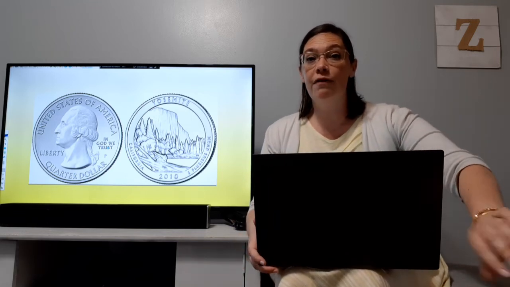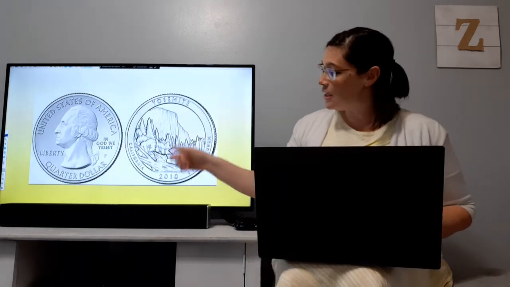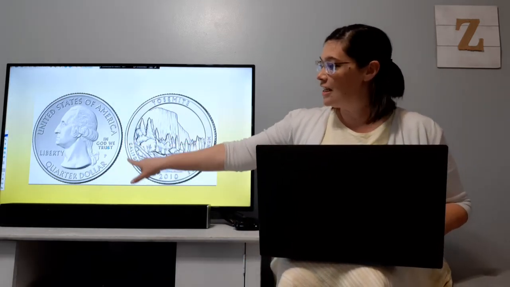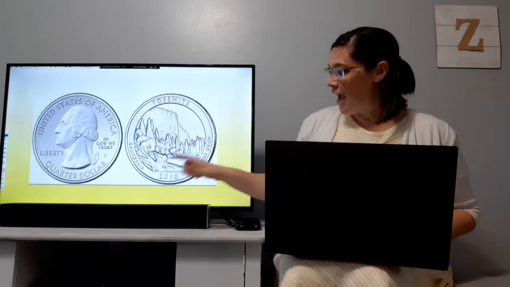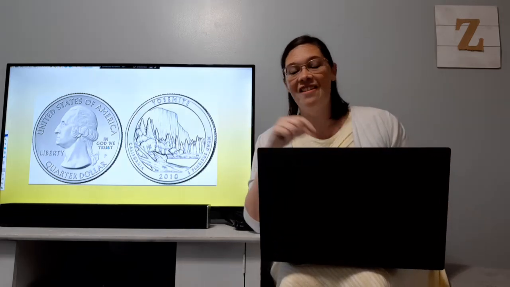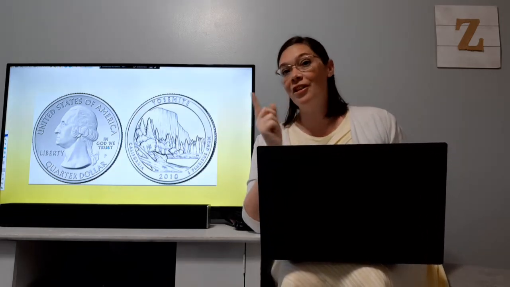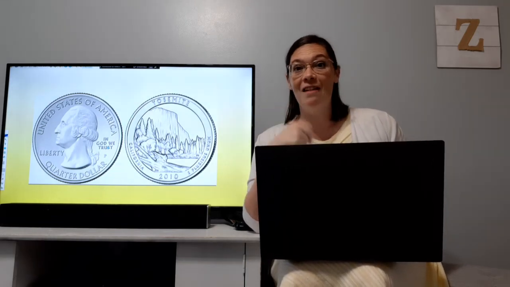Maybe you could find a quarter that had Tennessee on it. This quarter that's pictured here says California, and it has a picture of Yosemite. And then down here it has the date where it was made. So quarters are so unique and they're a lot of fun. So you can get quarters, you can look on the back and see what state they're from or what state they represent.